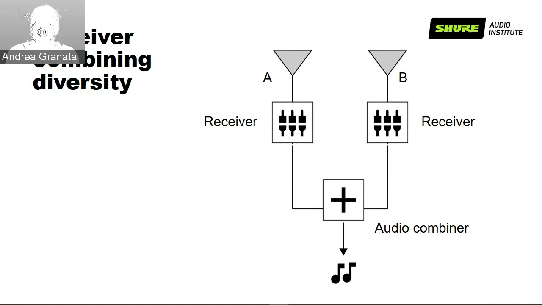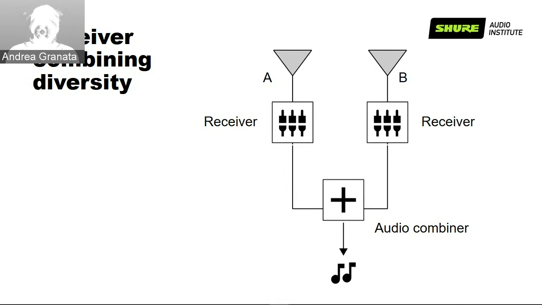But quite some time ago, we thought we could improve this system, and how we did it was with a system called MARCAD, which stands for Maximum Ratio Combining Audio Diversity. The process is exactly the same. We have two antenna inputs, two complete blocks of receivers that give two audio signals feeding a combiner.